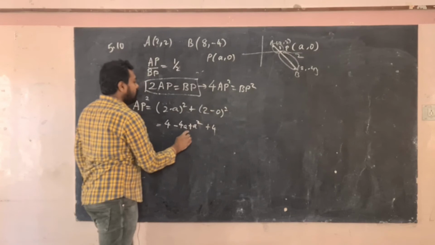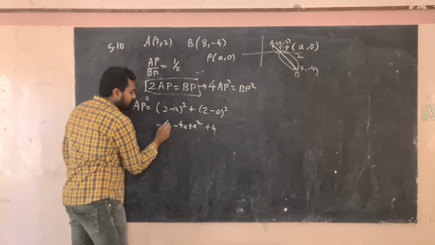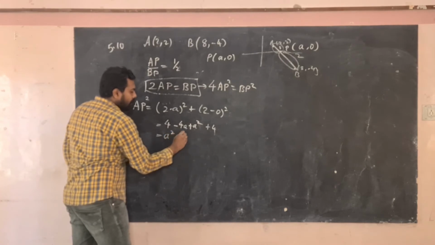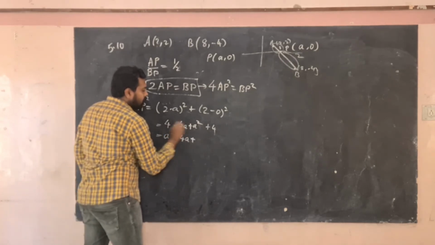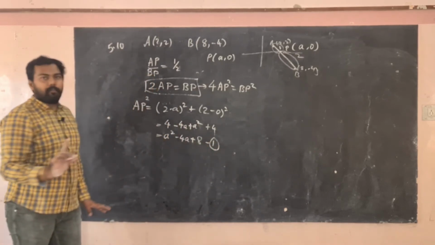So writing a square as the first term: a square minus 4a plus 4 plus 4 is 8. So this is the first part which we have found, AP square.